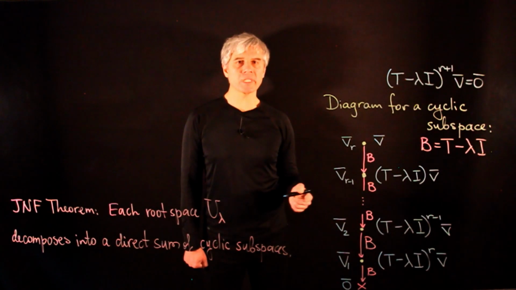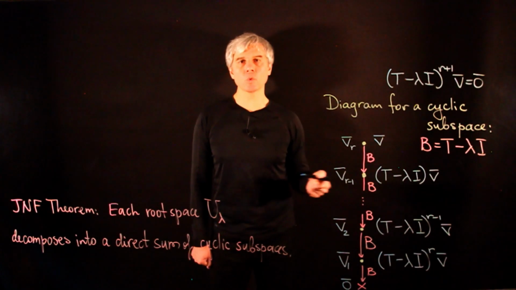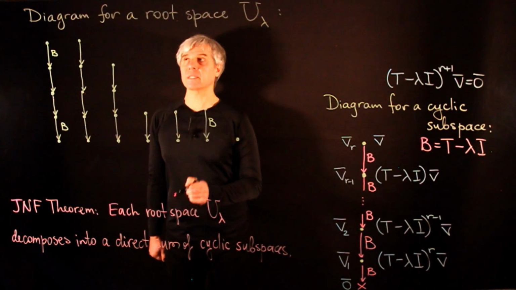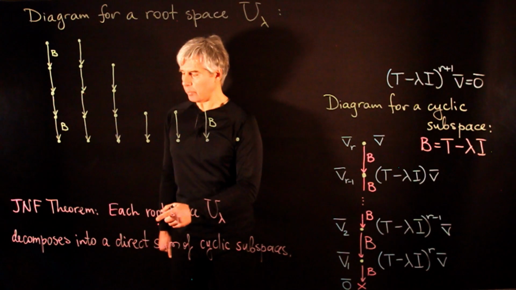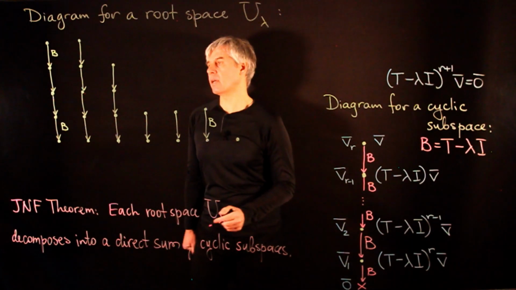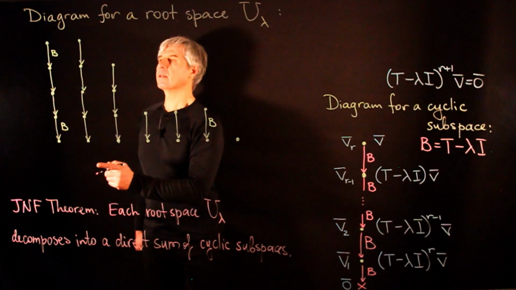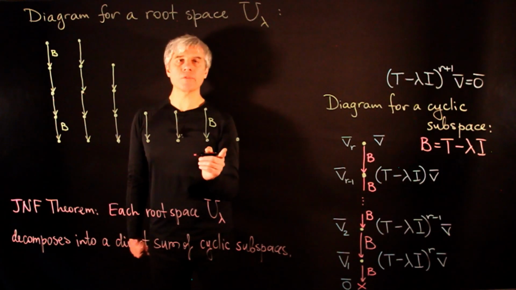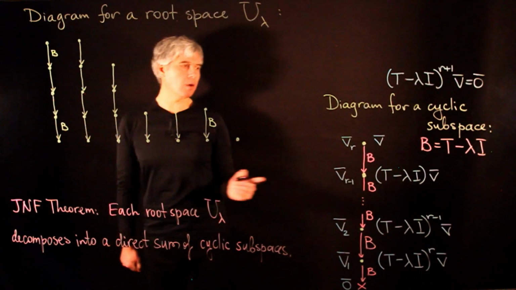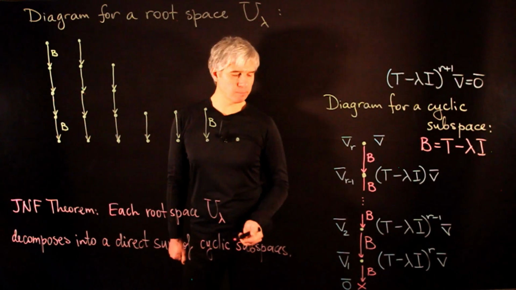Now let us present a diagram for a typical root space. The Jordan normal form theorem says that each root space decomposes into a direct sum of cyclic subspaces. Equivalently, this says that a basis of the root space may be presented as a union of bases of cyclic subspaces.